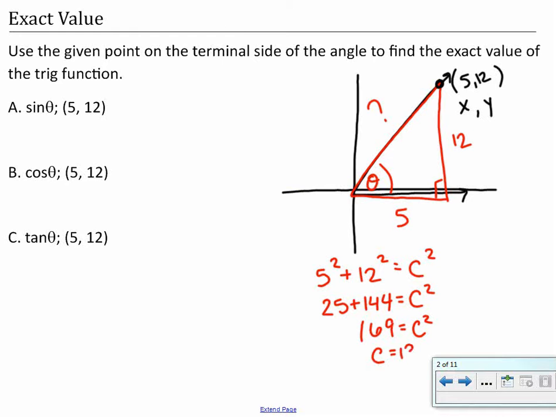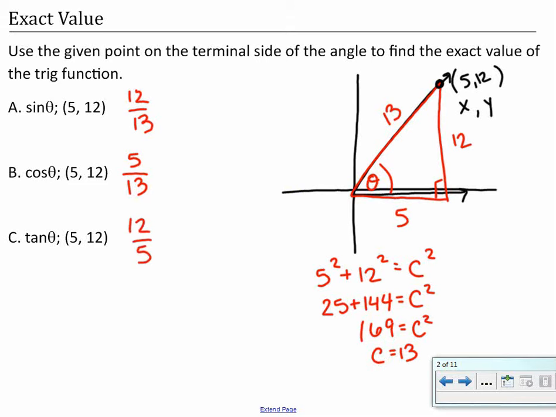So c is 13. So now that I know my hypotenuse is 13, I can find sine, cosine, and tangent, because remember, sine is opposite over hypotenuse, so this would be 12 over 13. Cosine would be adjacent over hypotenuse, 5 over 13, and tangent will be opposite over adjacent, or 12 over 5.